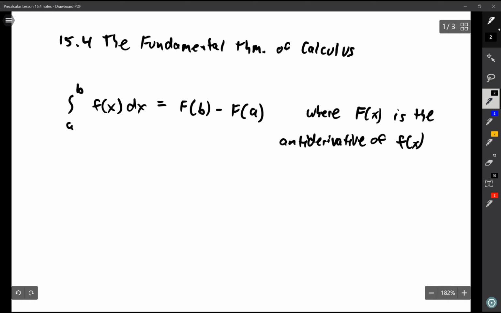So to evaluate an integral of a function, find the antiderivative of the function, and then do the antiderivative with the ending x value plugged in minus the antiderivative with the beginning x value plugged in.